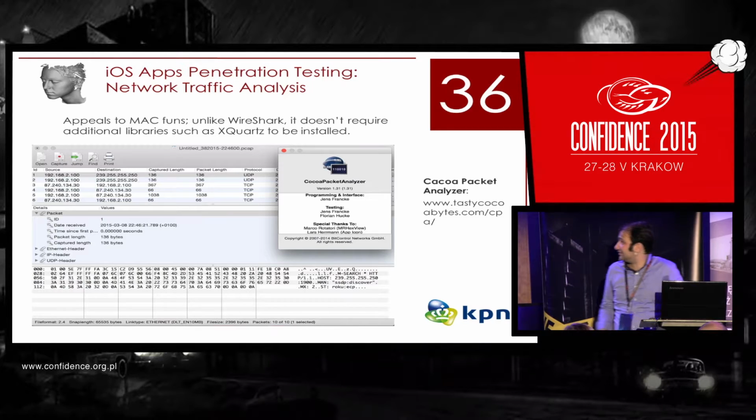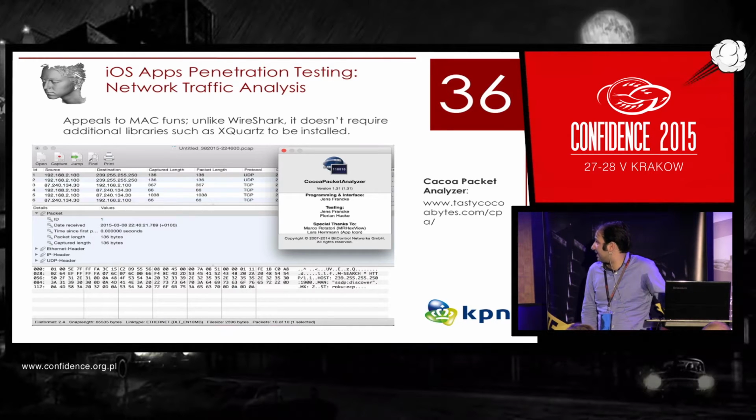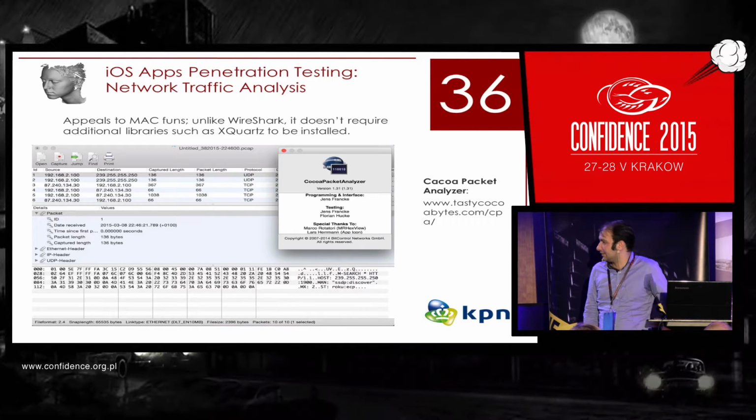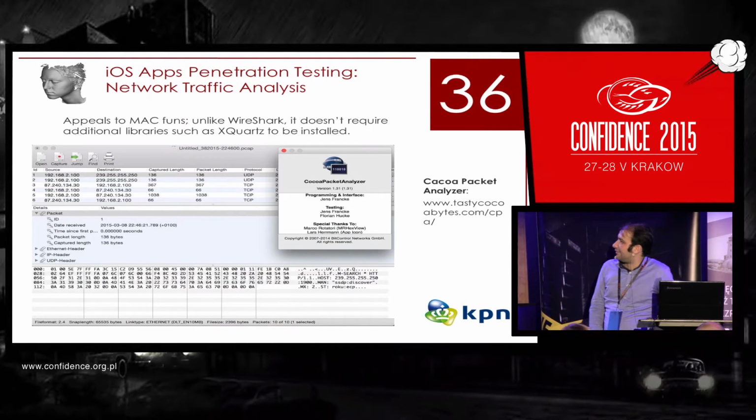It's also interesting to have a packet analyzer. There is a newly implemented Cocoa Packet Analyzer, so you don't need to install a lot of packages to be able to run it on the Mac iOS environment.